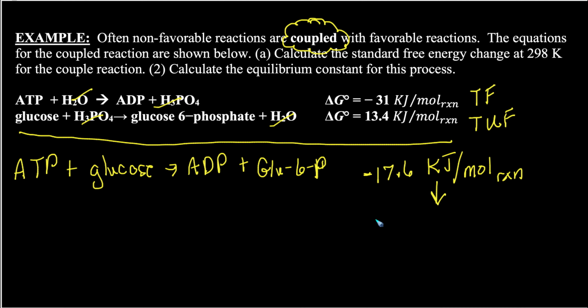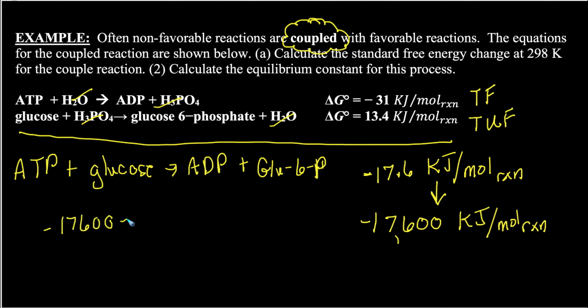So this has to be converted to joules before you can plug that in. So we get minus 17,600 is equal to minus 8.314 times 298 times the natural log of K.